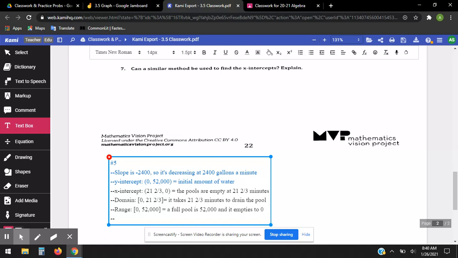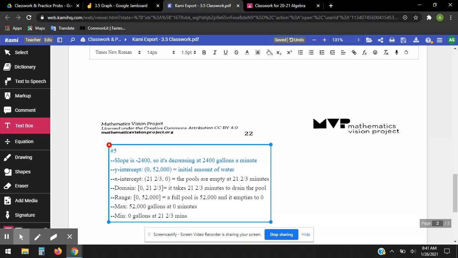What else do we need? Minimum and maximum. So our maximum is 52,000 gallons at 0 minutes. And our minimum is, let's see, 0 gallons at 21 and 2/3 minutes. I think we covered everything.